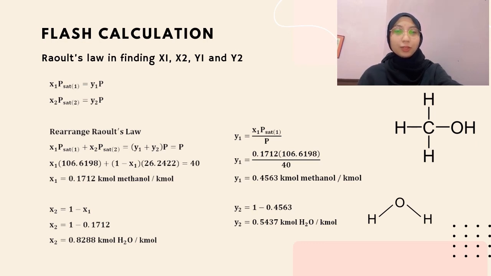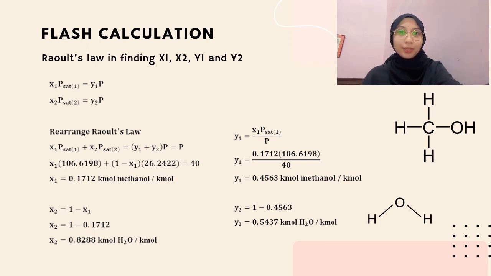First of all, we use Raoult's law to find the liquid phase and vapor phase mole fractions. By Raoult's law, X1 times P_sat1 equals Y1 times P, and the same goes for X2 times P_sat2 equals Y2 times P. We can rearrange the equation to get X1 P_sat1 plus X2 P_sat2 equals (Y1 plus Y2) times P, which equals P.